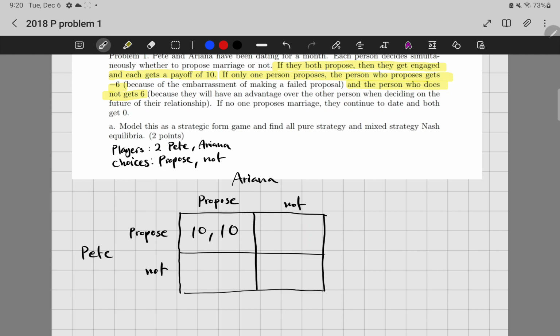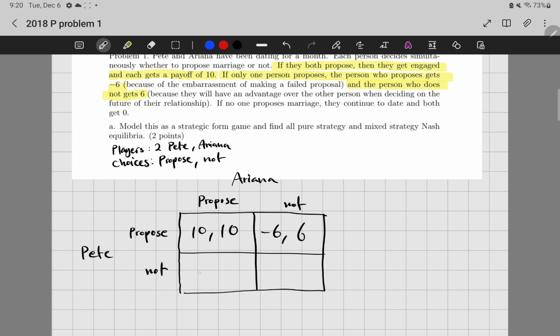So the scenarios where only one person proposes are these boxes. First, let's do the box above. Here, Pete is the one proposing, and Ariana is the one that's not proposing. So Pete will get a payoff of -6, and Ariana will get a payoff of 6.